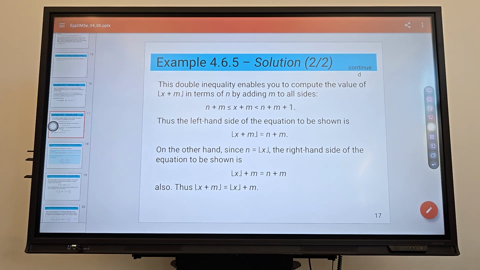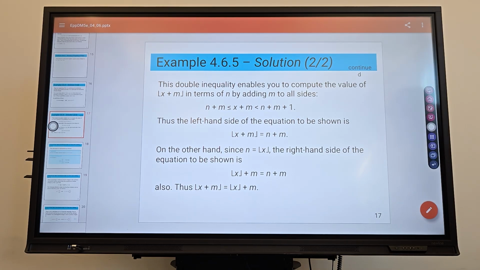Thus, the left-hand side of the equation to be shown is n plus m, since the right-hand side of the equation, the floor of x plus m, equals n plus m.